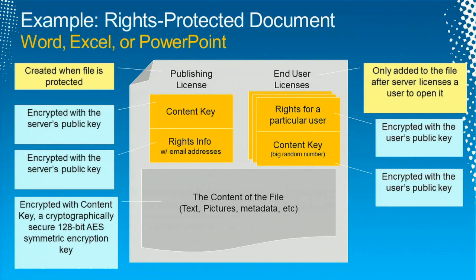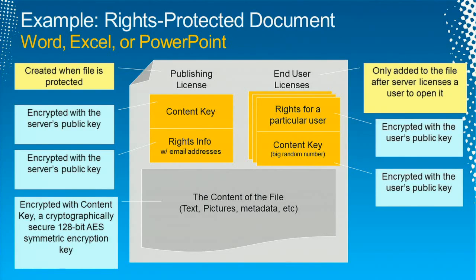Now, on the right-hand side, there's the end-user license. After the RMS server gets the publishing license as a server request, what we generate on the RMS server is what's known as an end-use license, or EUL. Depending on how the application has implemented RMS, the end-use license gets embedded as a part of the file.